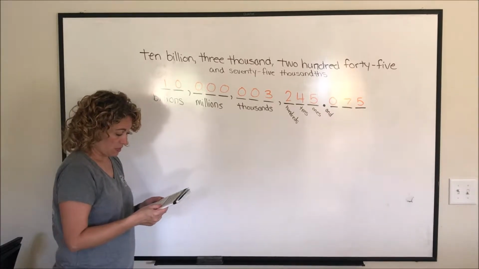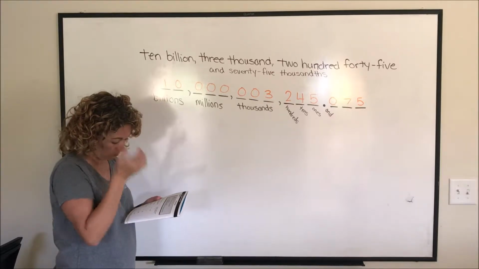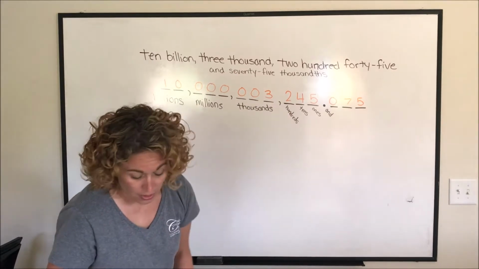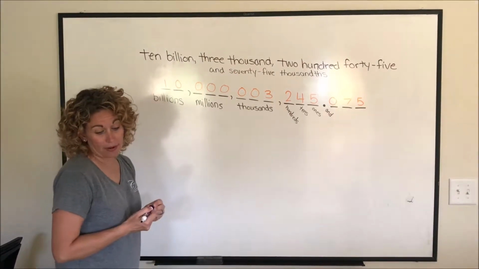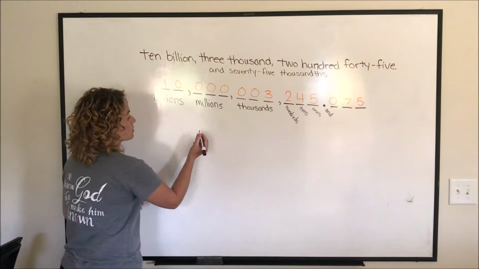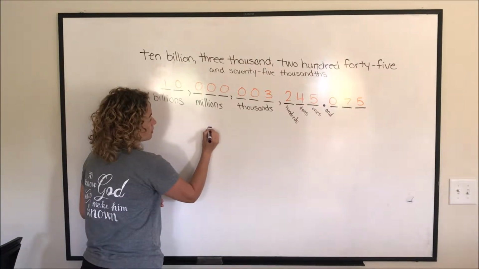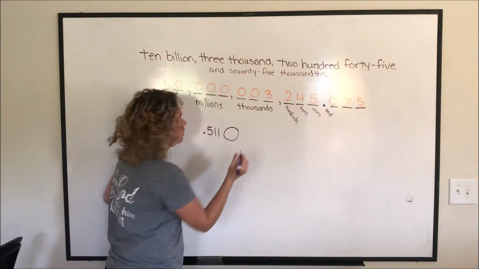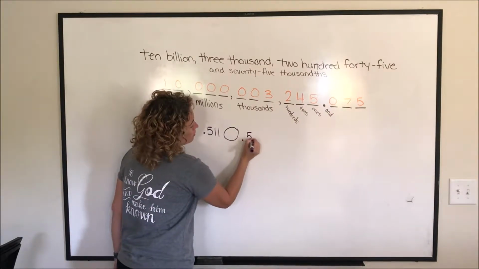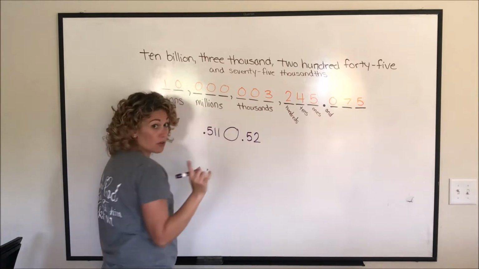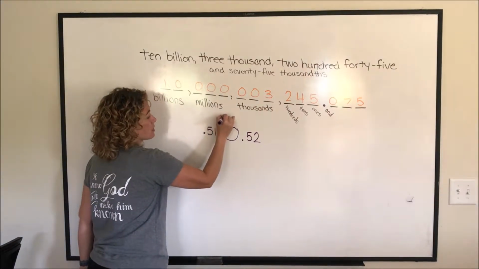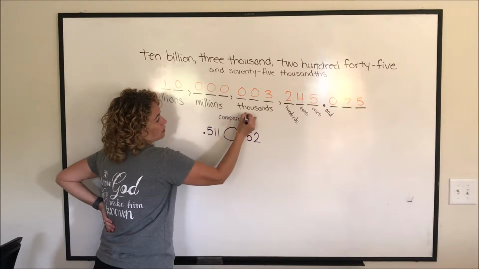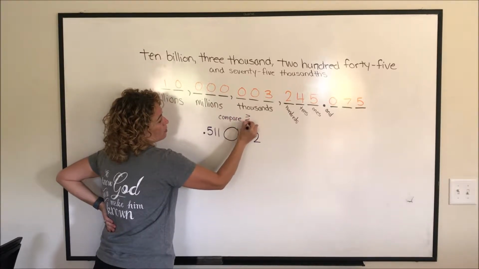All right, let's see here. The next thing we did was we compared some decimals. So 511 thousandths, and we're going to compare that to 52 hundredths. When you compare, you're going to use greater than, less than, or equal to.